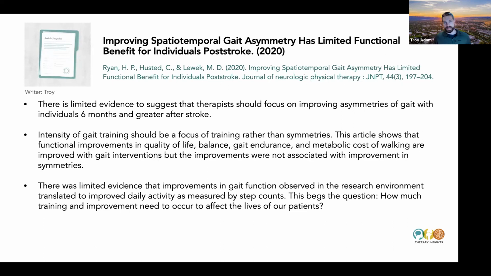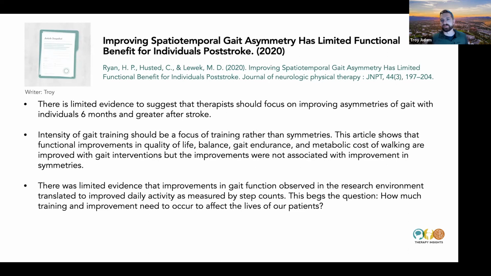The other catch was that despite improvements in the 6-minute walk test for both groups, they didn't notice that it altered their activity outside of therapy. So the next question, and we have it on the bottom here, is how much training and improvement need to occur before we affect the lives of our patients?